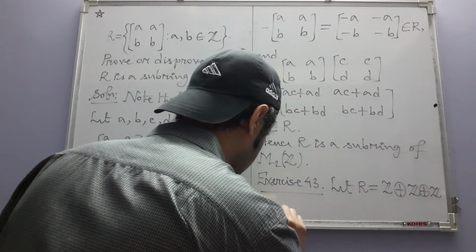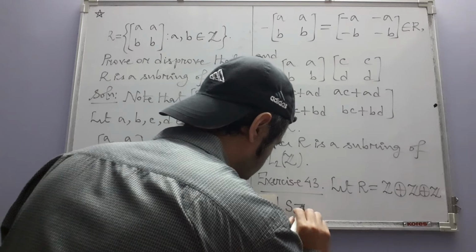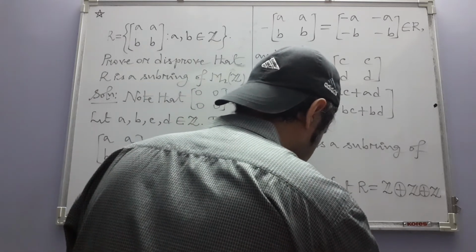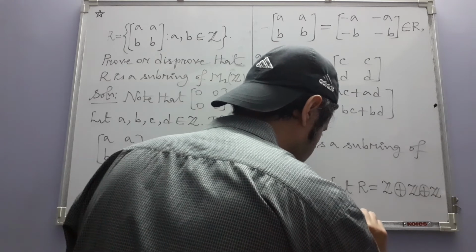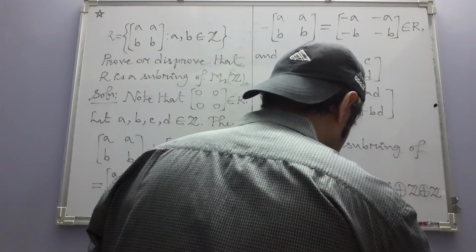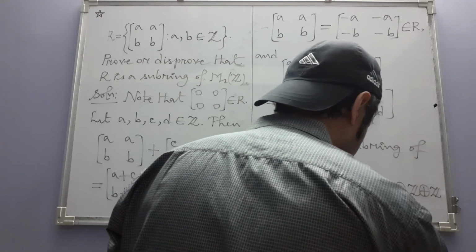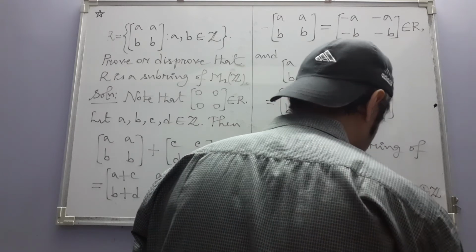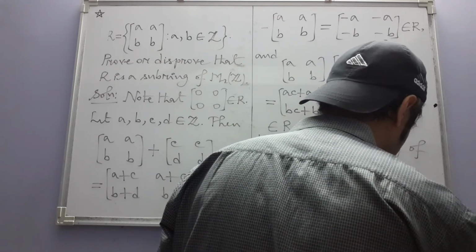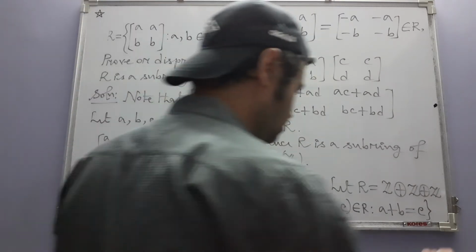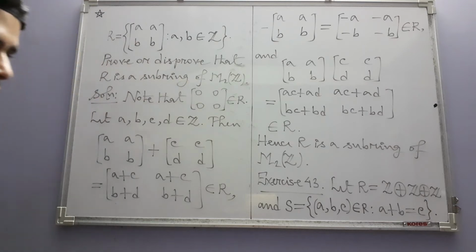And S be the subset of R consisting of those triples A, B, C in R, of course, such that the sum of the first 2 coordinates equals the third coordinate. For this S, prove or disprove that S is a subring of R.